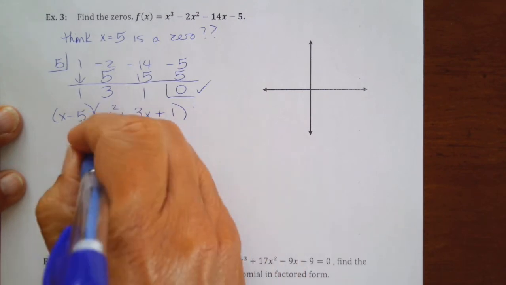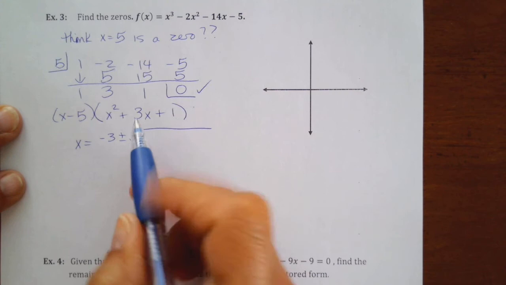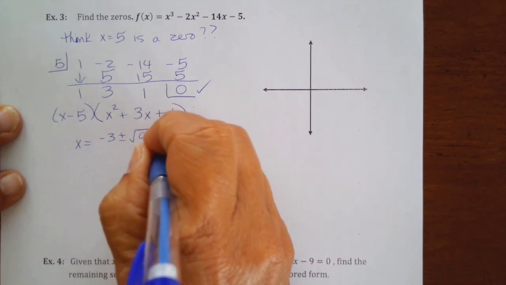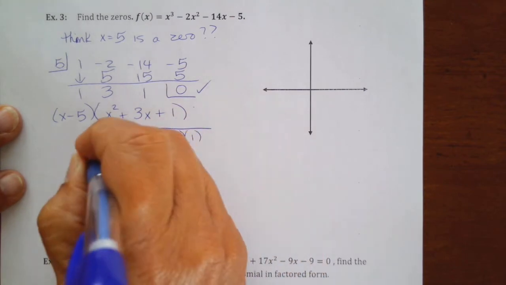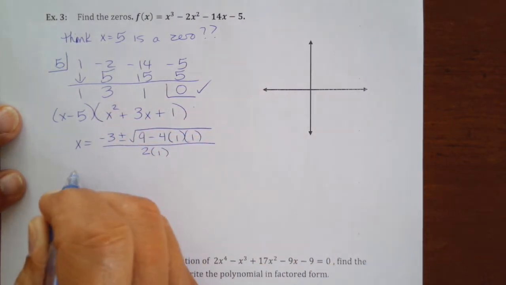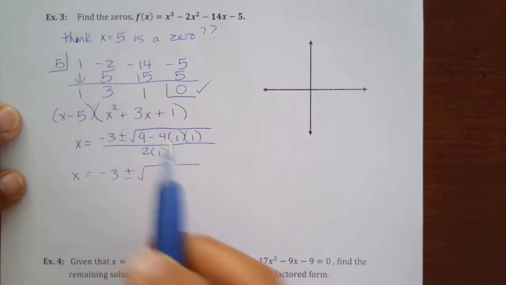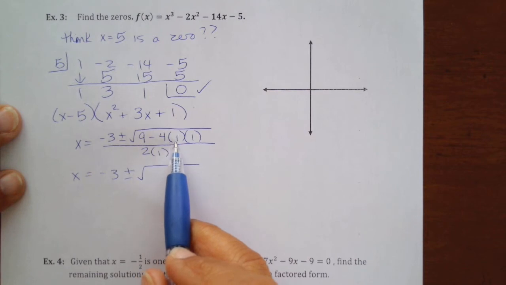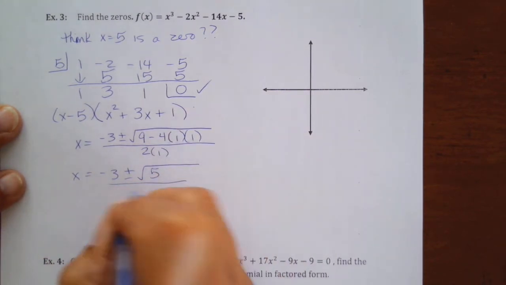Negative b, so negative 3 plus or minus the square root of b squared, so that would be 9 minus 4 times a times c, which are both 1, all over 2 times a, which is 1. So that gives me negative 3 plus or minus the square root of 9 minus 4 times 1 times 1, that's 4. 9 minus 4 is 5, over 2.